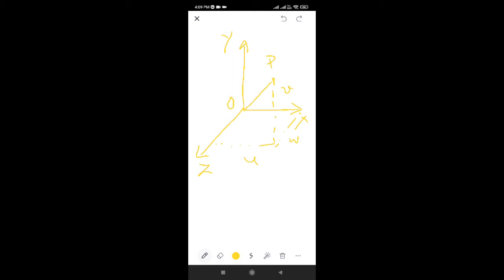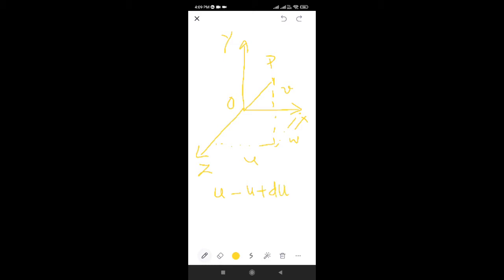Now we are considering the molecules whose velocities are in the ranges u to u plus du.